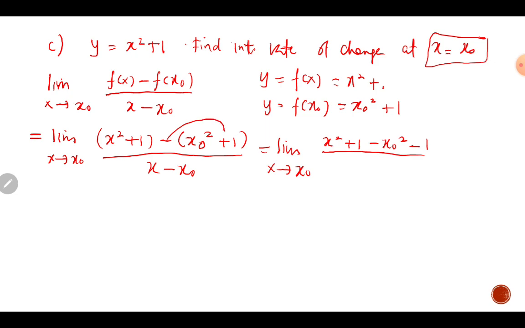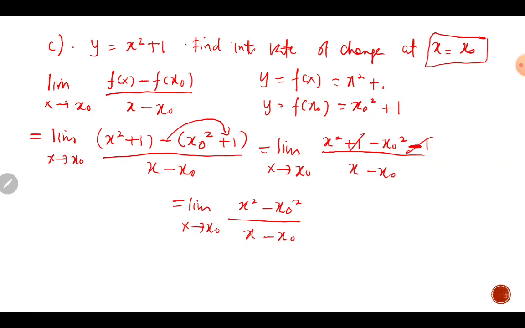Ni nampak ni, darab masuk, so it becomes negative over here. You see, the 1 and minus 1 you may cancel. So what we have here is limit x approaching x naught of x square minus x naught square over x minus x naught.